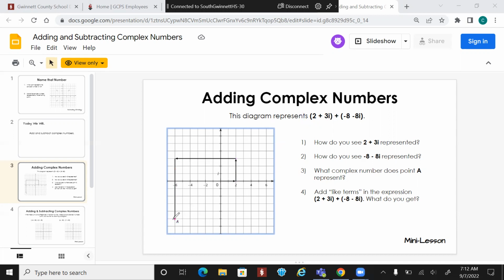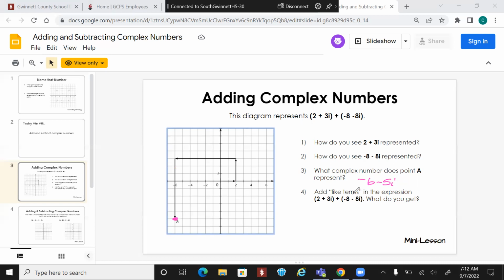What's point A? What's the real part? -6. And then what's the imaginary part? 1, 2, 3, 4, 5i, right? So minus 5i. Okay.